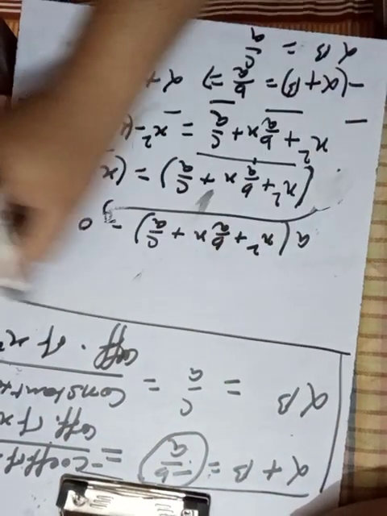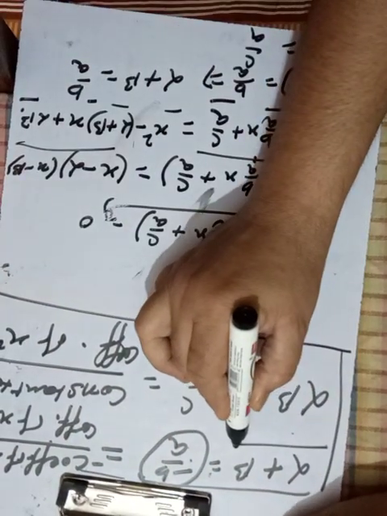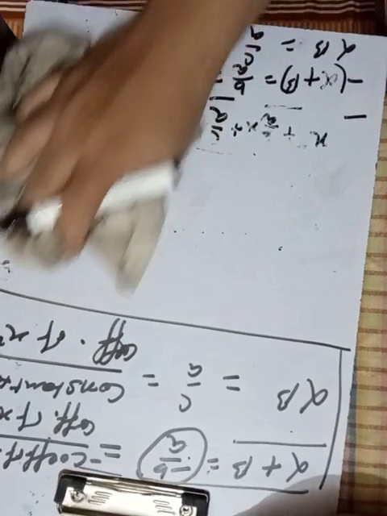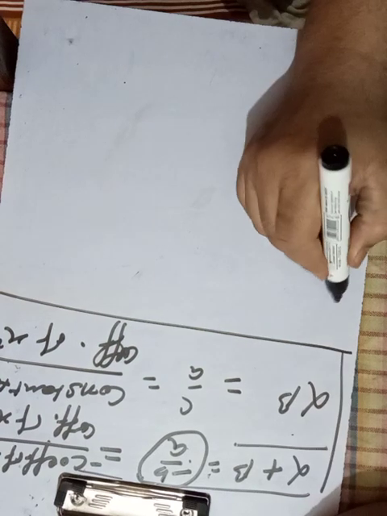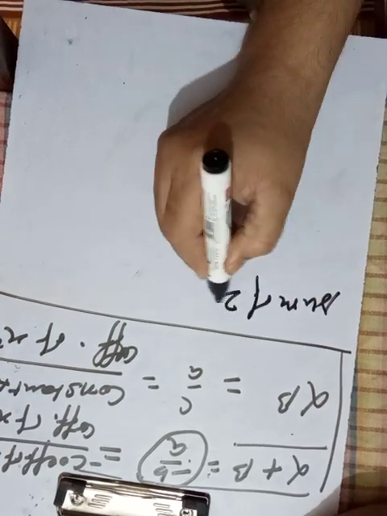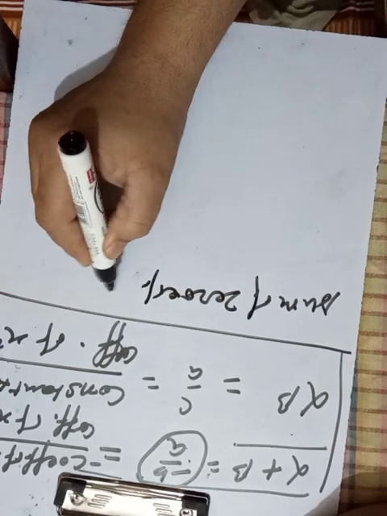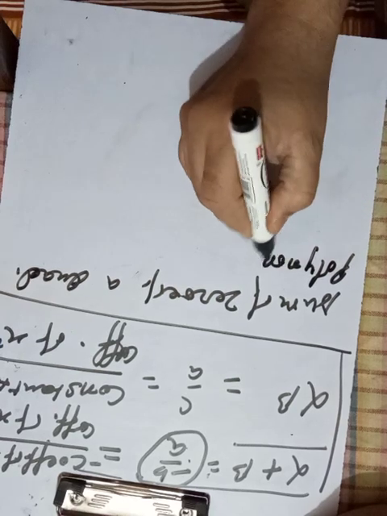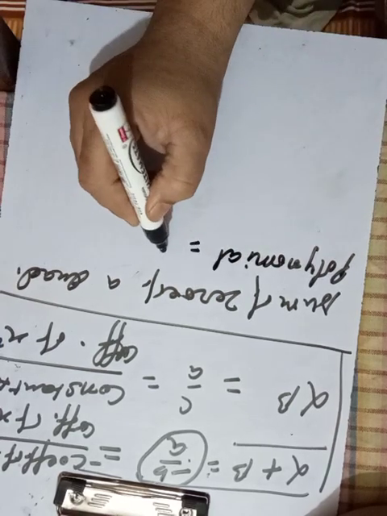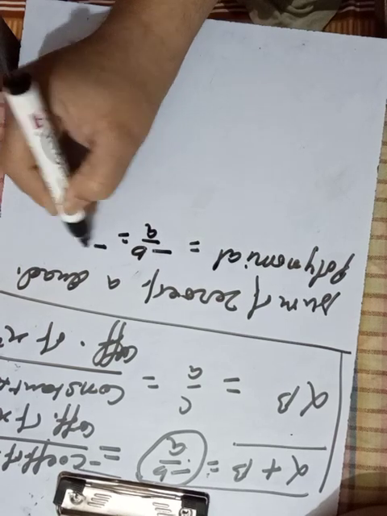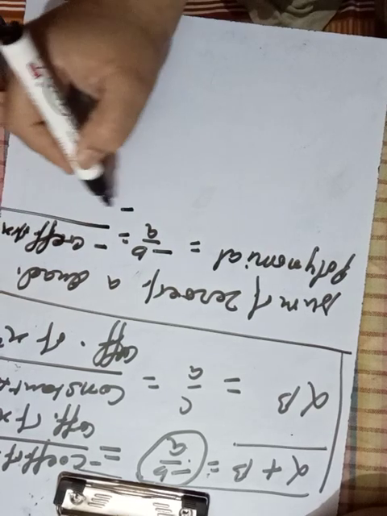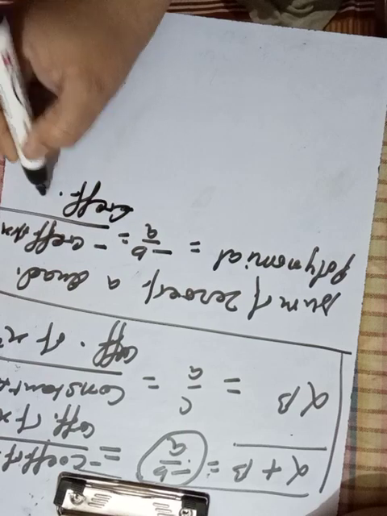Now what you can see is alpha plus beta means the sum of the zeros. So we can write the sum of the zeros is equal to the coefficient of x by the coefficient of x square, and negative will be its sign. So the sum of zeros of a quadratic polynomial is equal to minus b by a, or negative of the coefficient of x by the coefficient of x square.